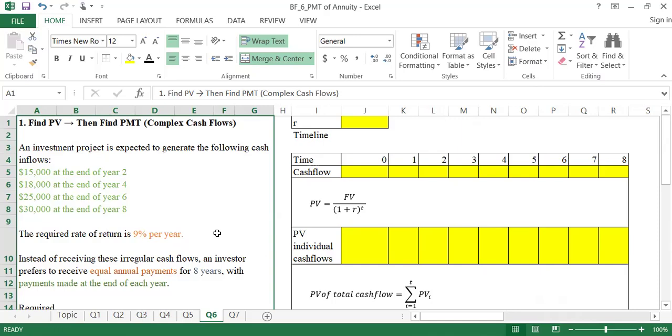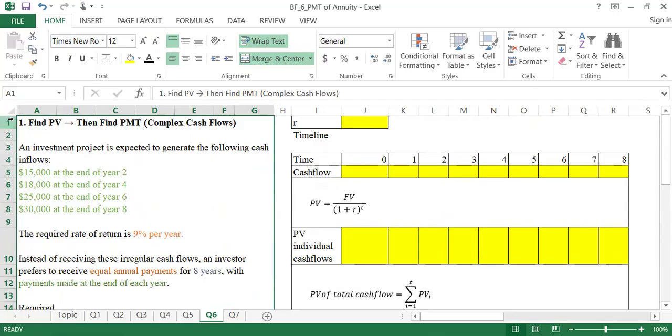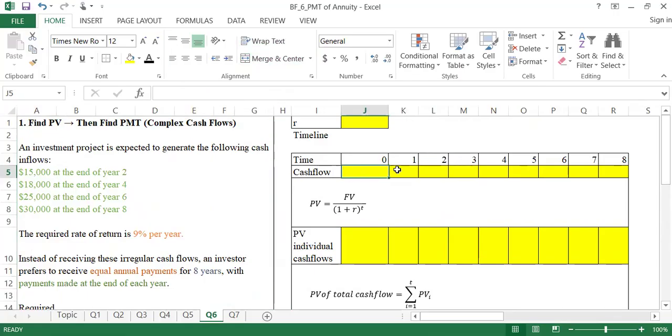An investment project is expected to generate the following cash inflows. 15,000 at the end of year 2, 18,000 at the end of year 4, 25,000 at the end of year 6, and 30,000 at the end of year 8.